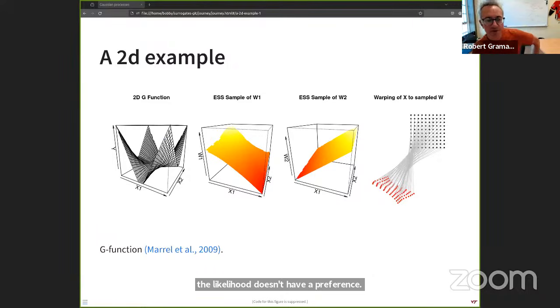Here's a quick 2D example showing you how we warp two X coordinates in this G function example into two W coordinates sampled with elliptical slice sampling in the middle two panels. And on the right is a kind of map showing the original X's in black to their W coordinates in red. So we've got a two-dimensional warping variable for this example.